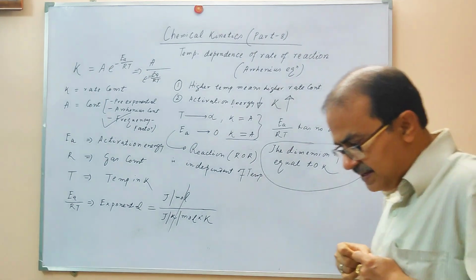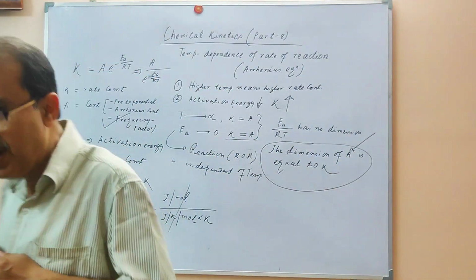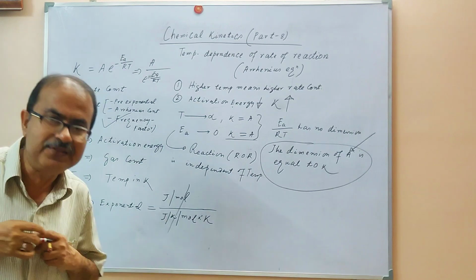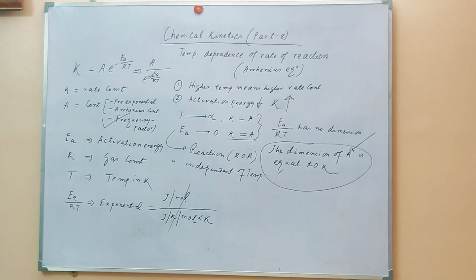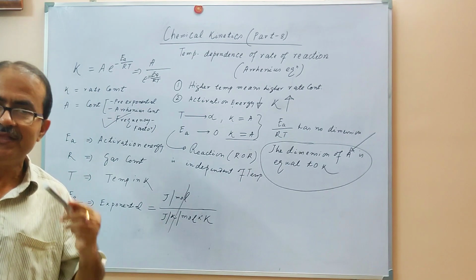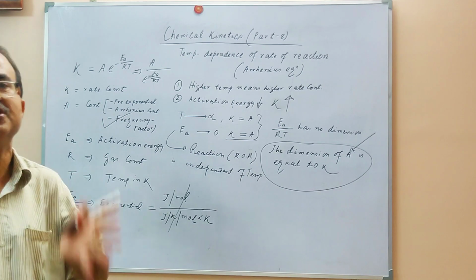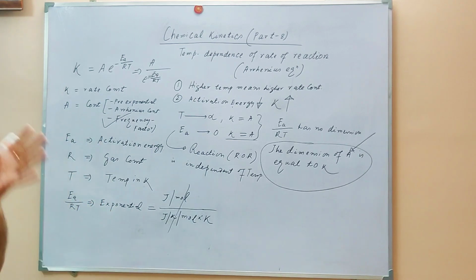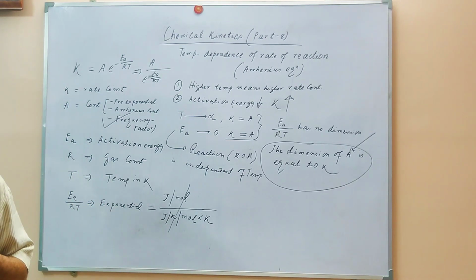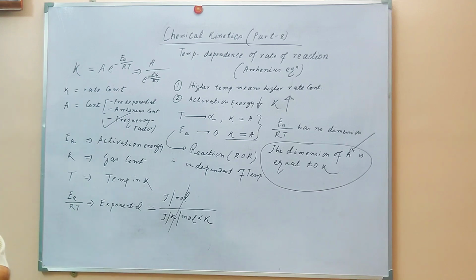So till now we have understood many important things from the Arrhenius equation. How do we relate the temperature of the reaction with the rate constant? Basically, temperature is increasing, means rate constant is increasing. We understand the exponential factor, and how the exponent of the exponential factor is dimensionless.